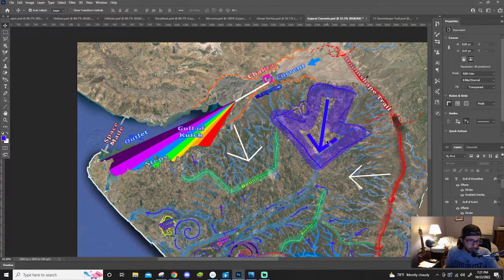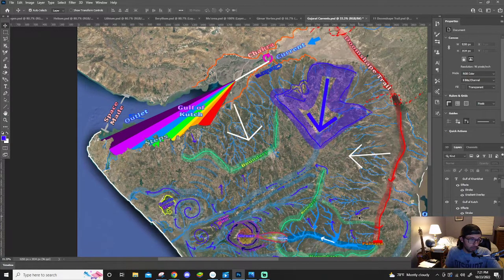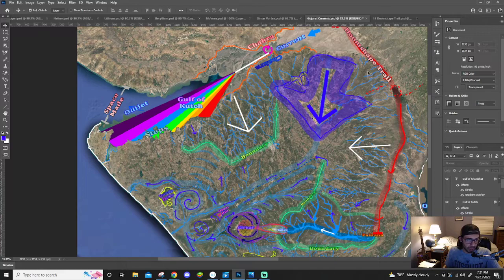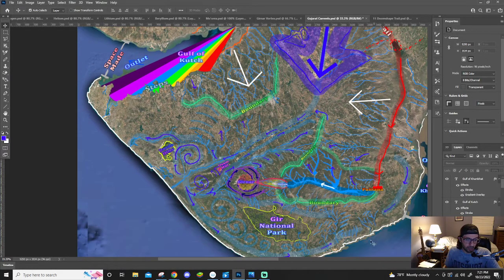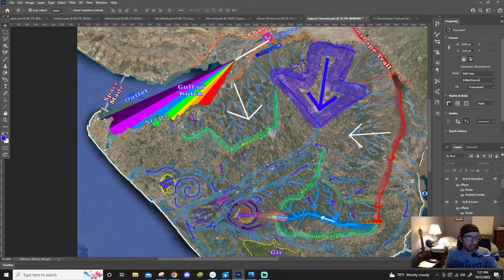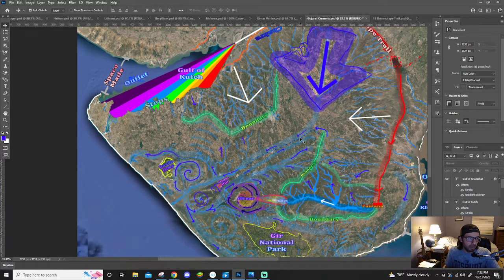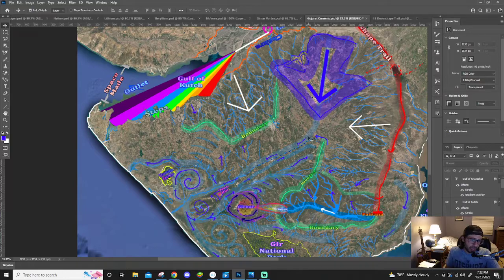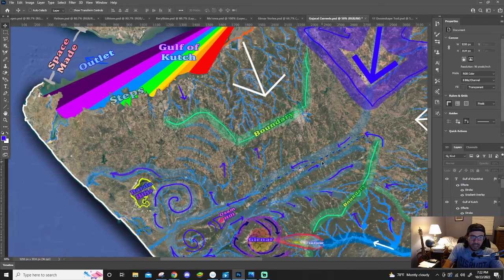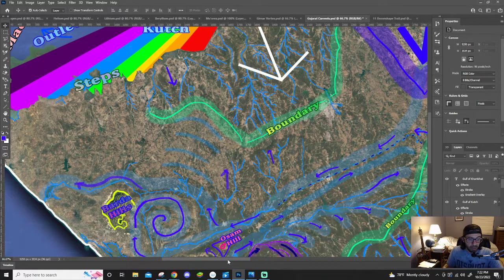The flow is going in the direction of the arrow, as there's a storm moving here that's just pushing flow through Gujarat, into this polygon of Gujarat that I drew. Its boundaries are pretty much just this. It goes in there. This is where the detail I added starts to come in.